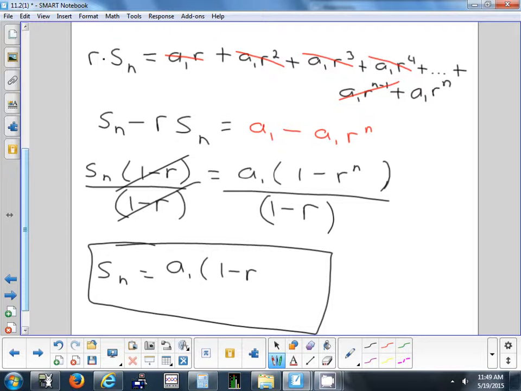Not the n minus 1, that one's gone. It's the r to the n. Okay, so it's a sub 1 times 1 minus r to the n, all over 1 minus r. You don't really need parentheses around the bottom anymore.